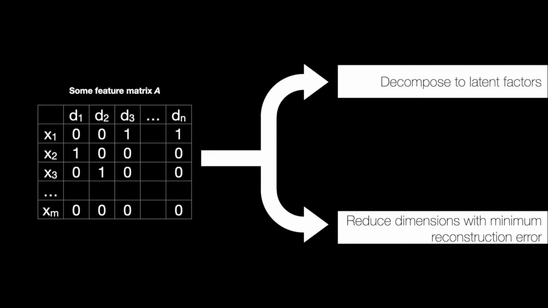Another way to do this is to reduce dimensions where you want to minimize the amount of error you introduce by doing this reduction. So if we want to go back from our reduced dimensional space to the original space, have we lost some signal in doing this reduction in dimension, and can we choose some lower dimensional space that allows us to reduce this reconstruction error as much as possible.